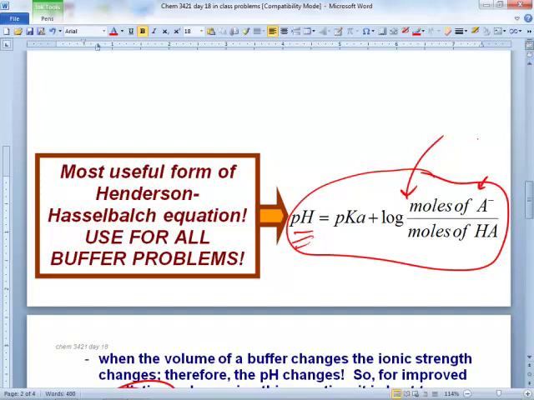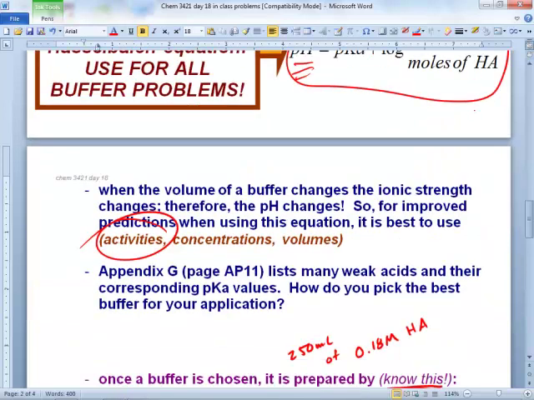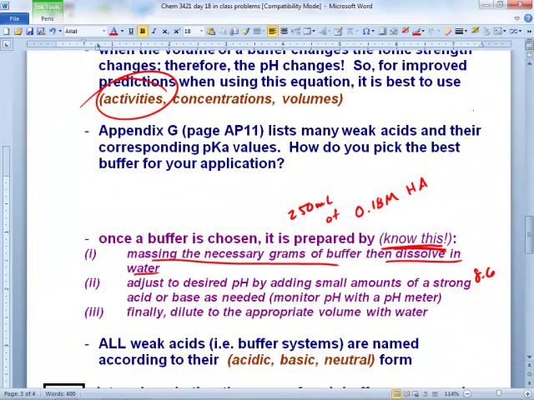So once you finally get the pH where you want it, because its population is where it's supposed to be, and if you picked the buffer the right way so the pH matches the pKa, these moles are going to be the same, or really close. Then, once you get the pH right, dilute it to the final volume with pure water. The pH won't change too much if you're just adding water.